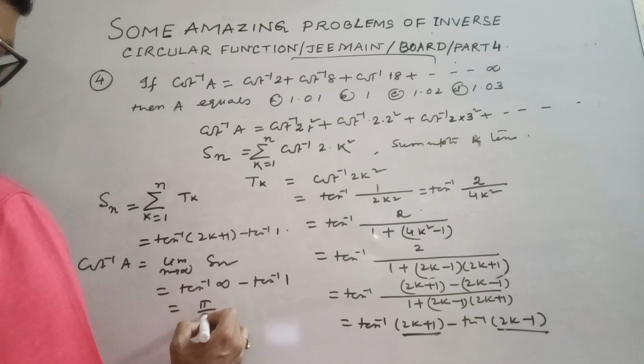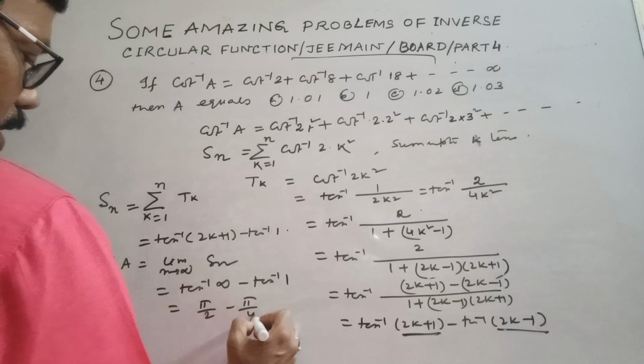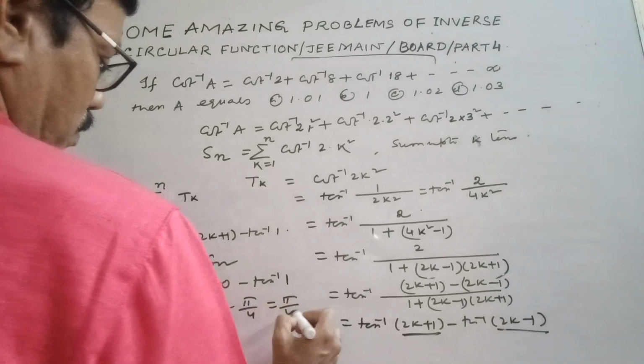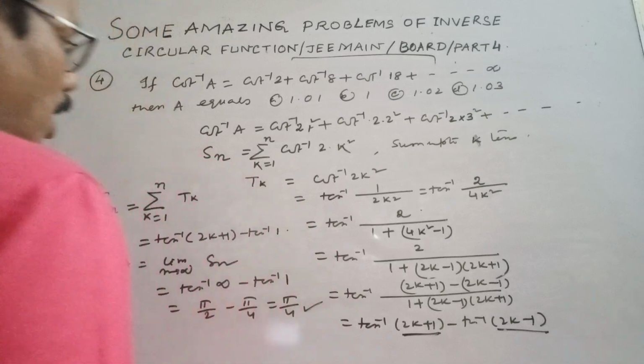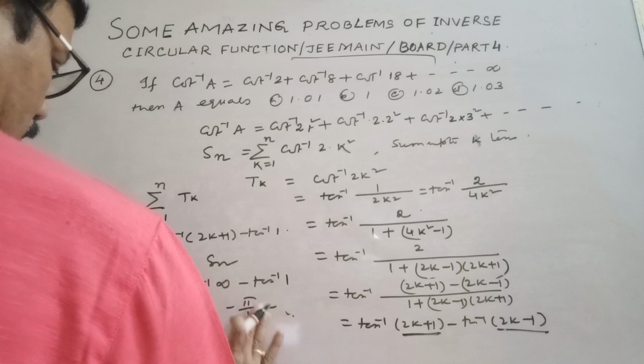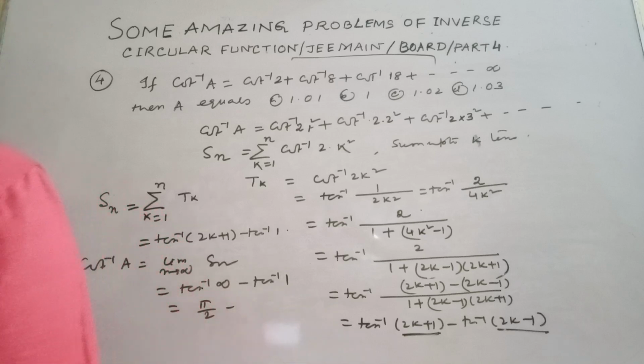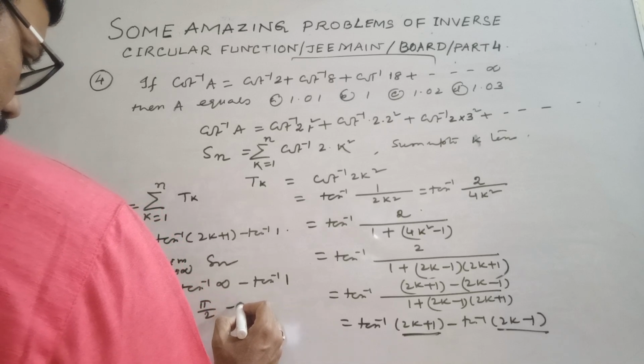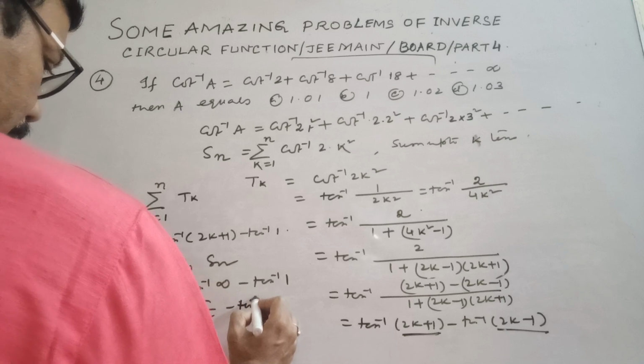So this is pi by 2 minus pi by 4, so this is pi by 4. Cot inverse A equals tan inverse infinity, so pi by 2 minus tan inverse 1.